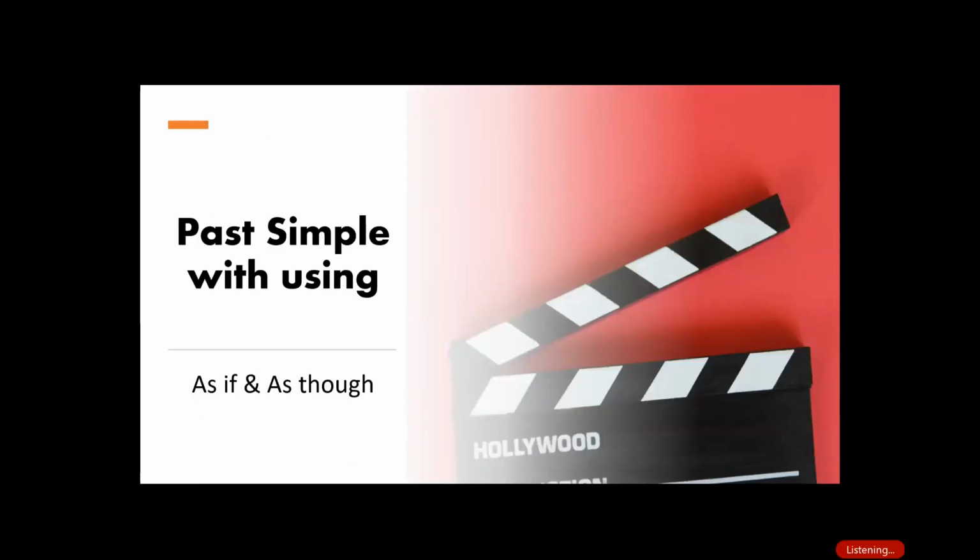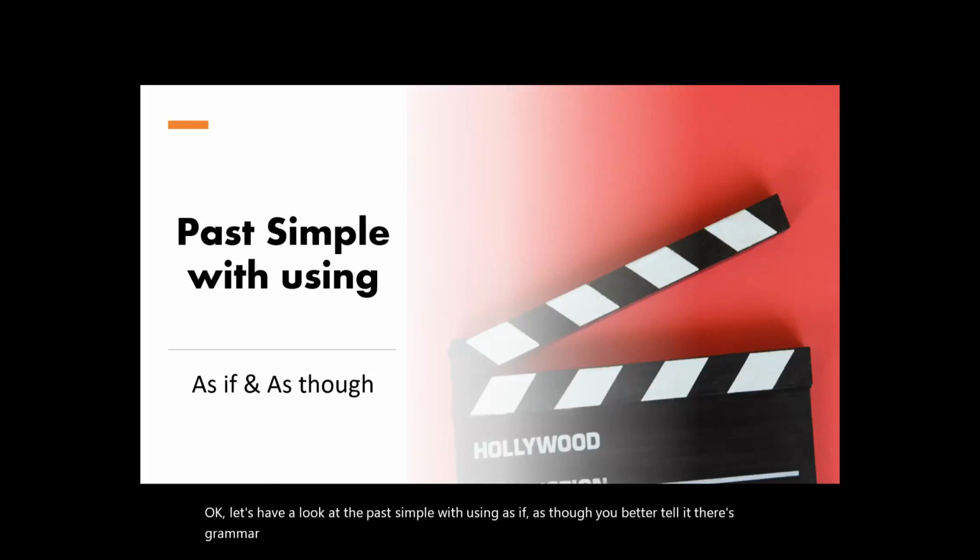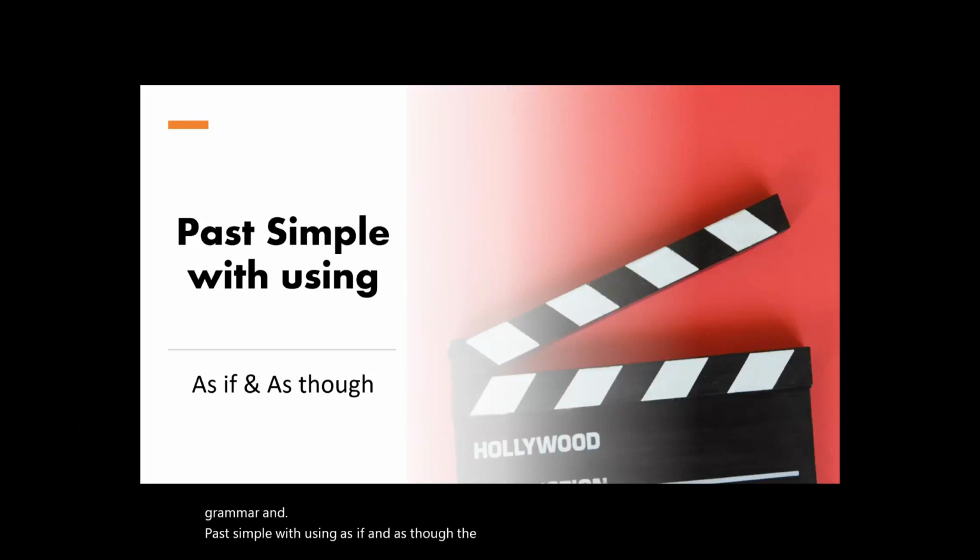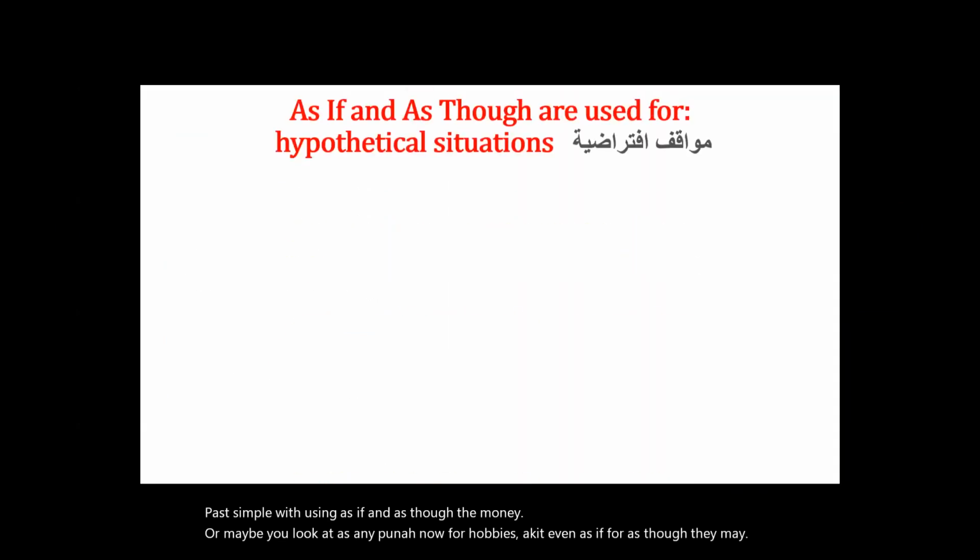Okay, let's have a look at the past simple with using as if, as though. يبقى ده تالت درس جرامر عندي. نقول تاني اسمه إيه؟ past simple with using as if and as though. ده معناه إيه؟ يعني عارفين كده بالعربي زي ما احنا بنقوله زي ما يكون. هم بيقولوا كده زي ما يكون احنا نعرف الخبر الأكيد. يبقى as if و as though زي ما يكون، شكل افتراضي يعني حاجة مش واقعية. اوكي، خلينا نشوف احنا بنستخدمه إزاي.